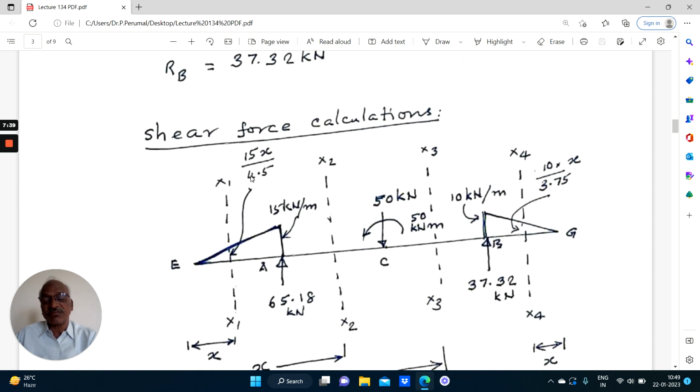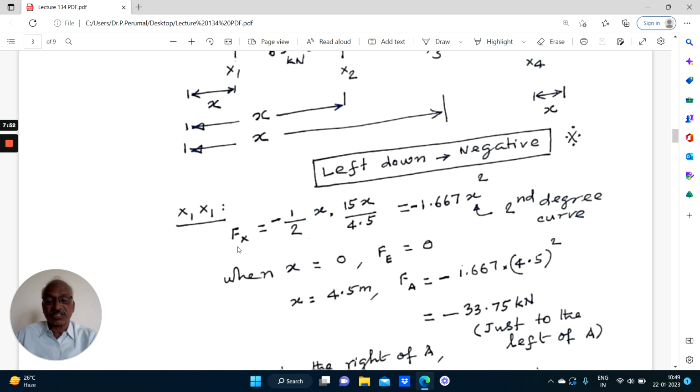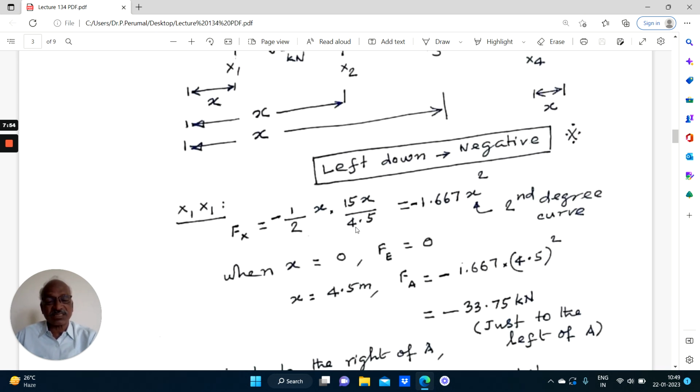That is the ordinate. So the area is half into x into 15x by 4.5. That is the shear force, the general equation. So it is x square, a second degree variation.